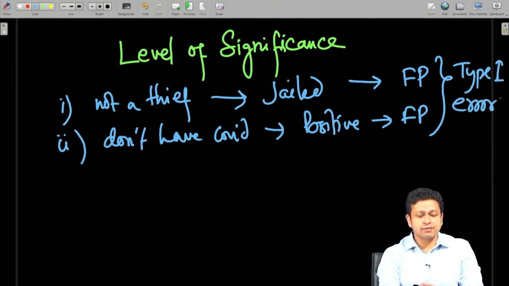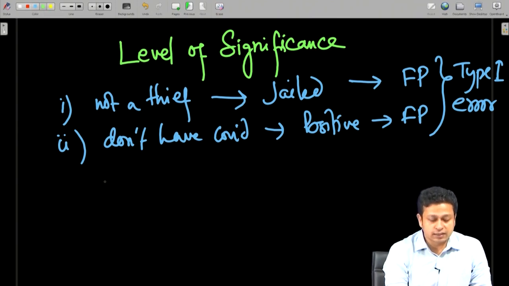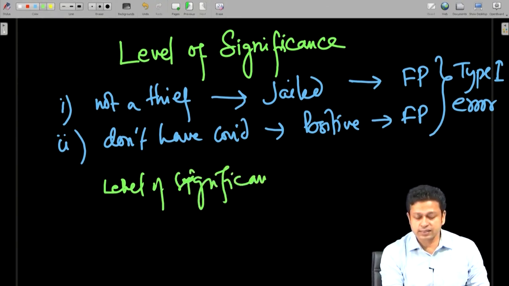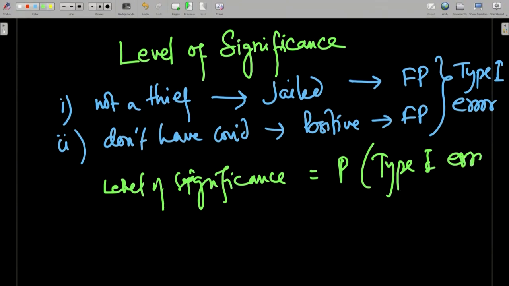Now, I claim that the level of significance is nothing but the probability of type 1 error, and I will explain type 1 error. Essentially it is telling us how much tolerance we have for type 1 error.